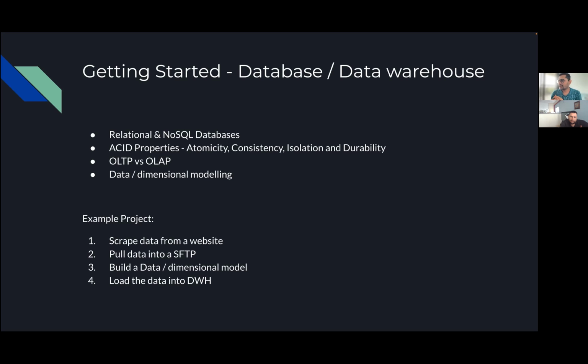And there's something called OLTP and OLAP. So online transaction processing and online analytical processing. These are two concepts, again, emerging out of these different types of data or databases we have. So OLTP is basically how to process data that is transactional in nature.